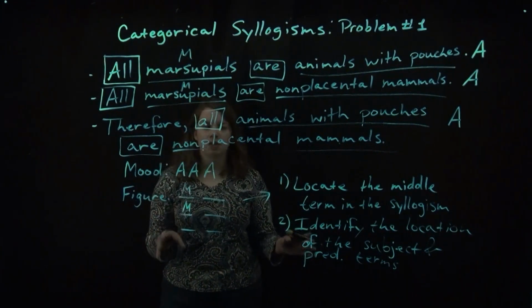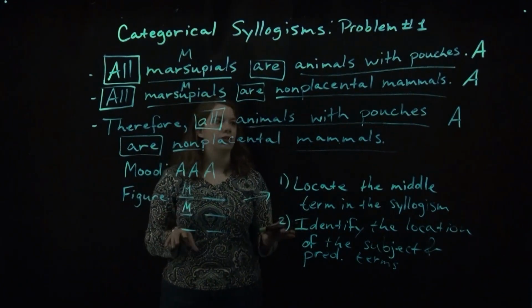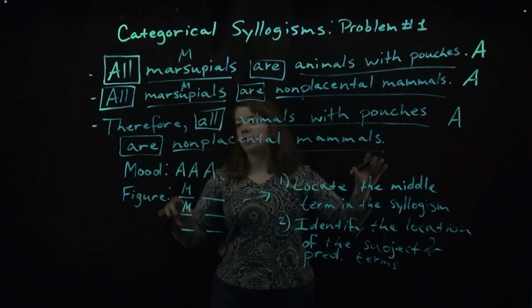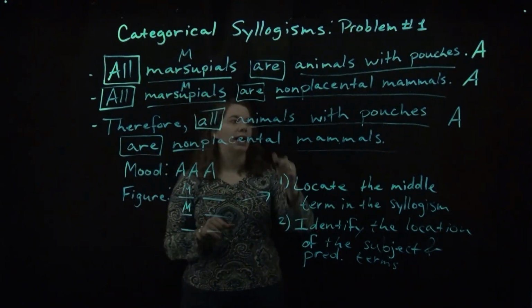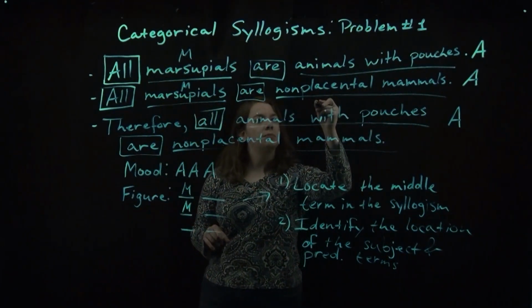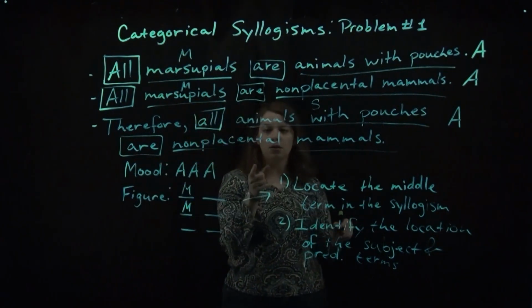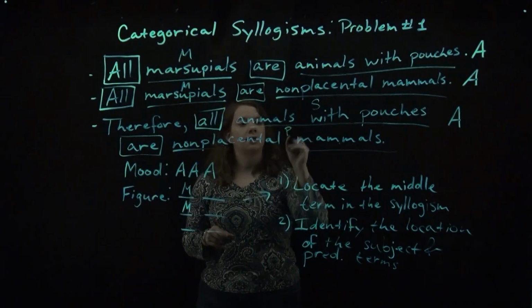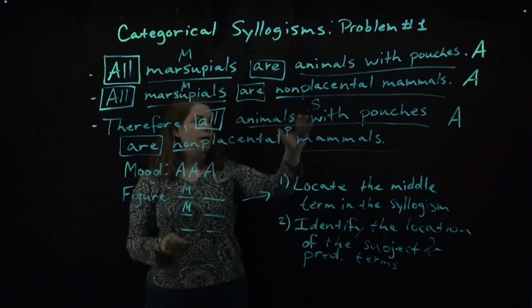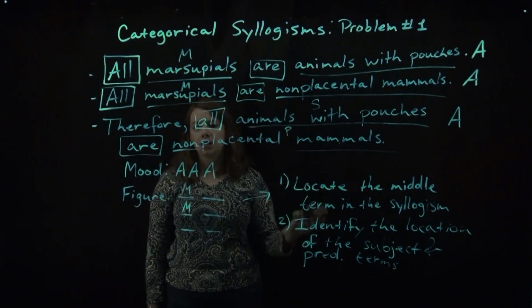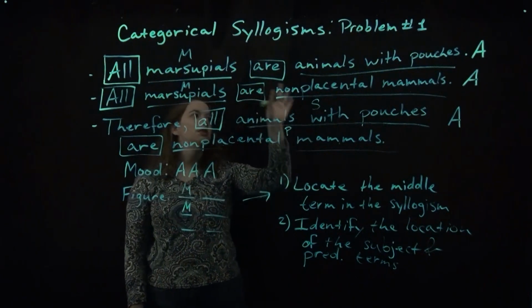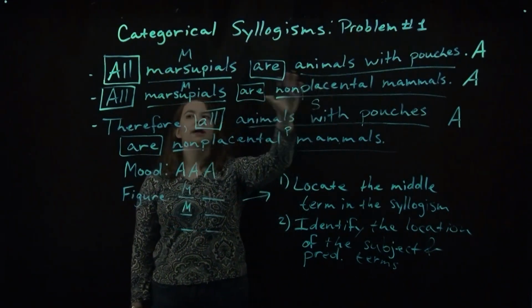So we can figure out the subject and predicate by looking at the conclusion. Whatever comes before the copula in the conclusion, so animals with pouches, is going to be our subject, whereas anything that comes after the copula in the conclusion will be our predicate. Okay. So now that we know that animals with pouches is the subject in the syllogism, we'll just go find it back in the premises.